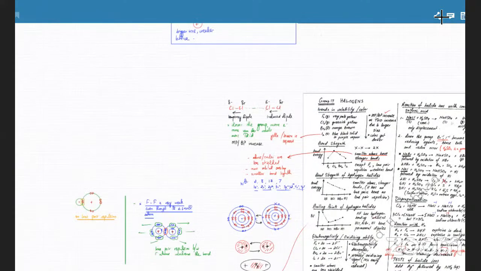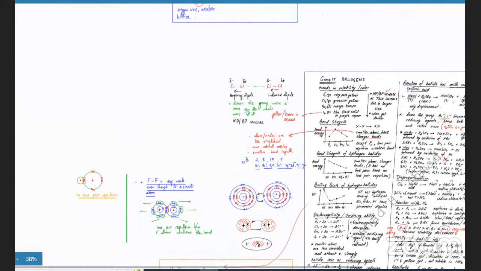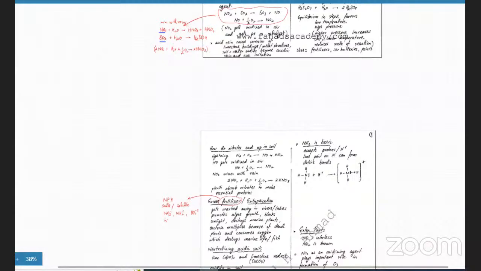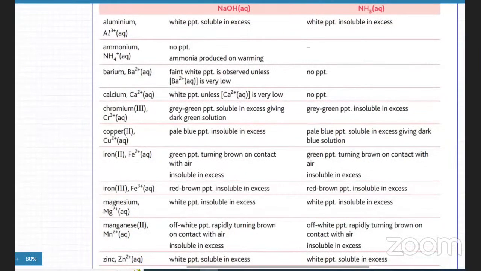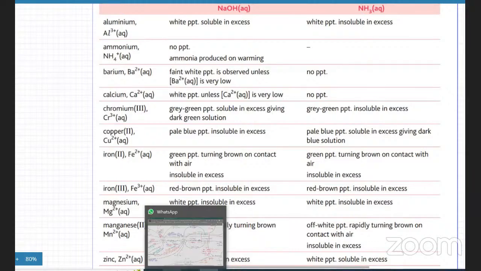Take a screenshot. There are tests for cations given over here. Find magnesium, right? Look at magnesium with ammonia. That forms a white precipitate which is insoluble in excess. So that will form a precipitate.